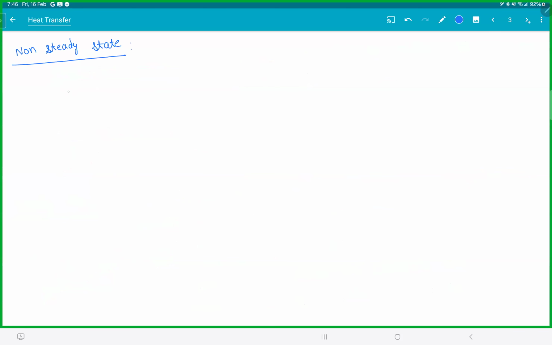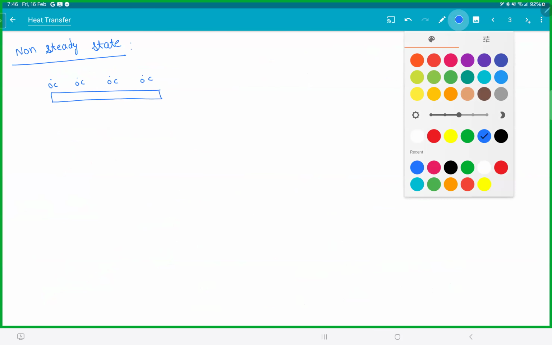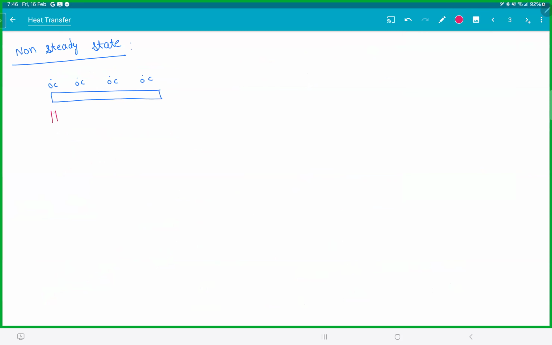So, non-steady state. Let's say we have a rod at 0 degrees. We have a heater here, and let's say you're giving heat at a rate of 100 joules per second.